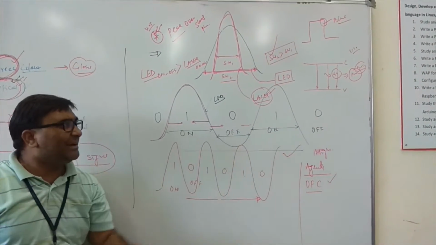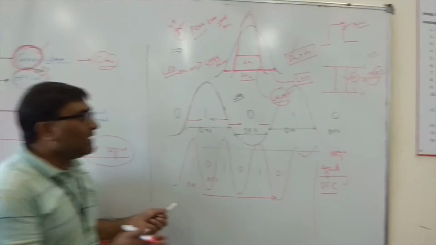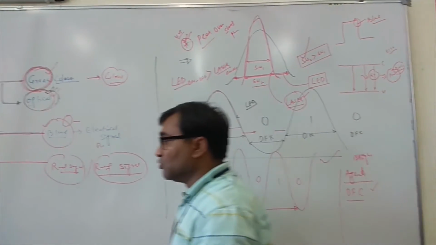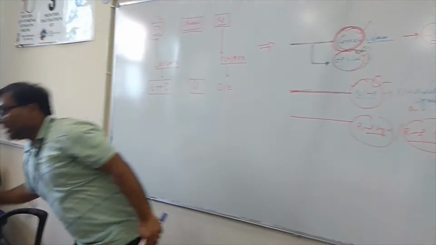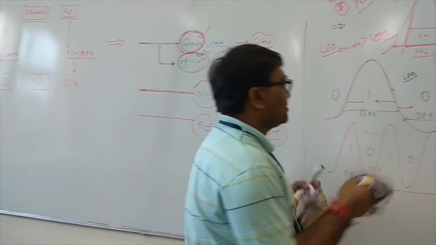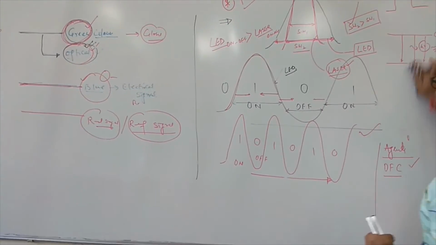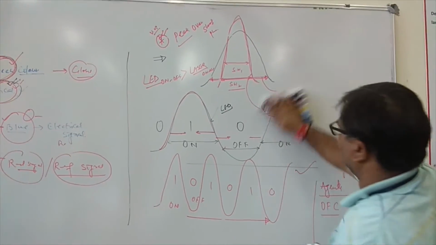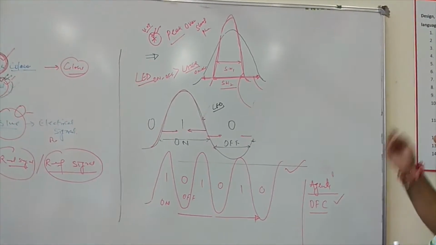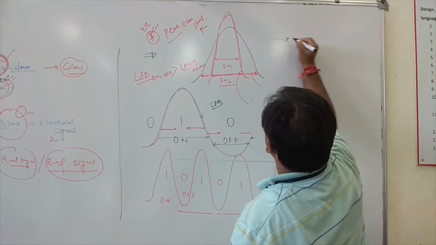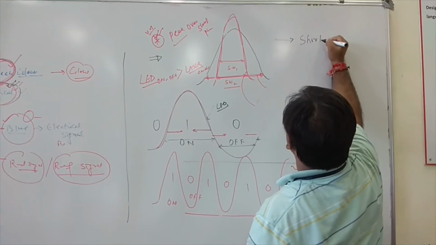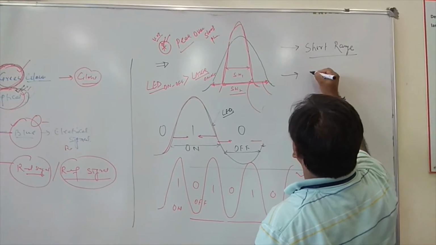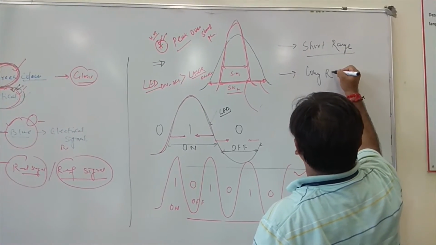So what will we do with the LED? Yes, the LED will support, no doubt. Where will we use the LED? The LED can be used in short range communications. Communication is of two types, based on distance: short range communications and long range communications, right?